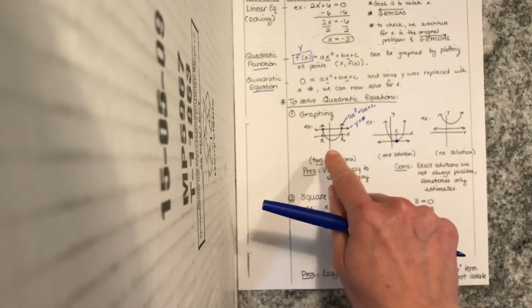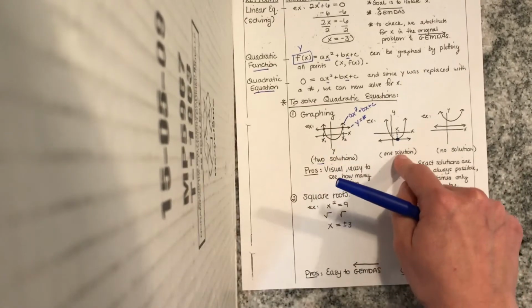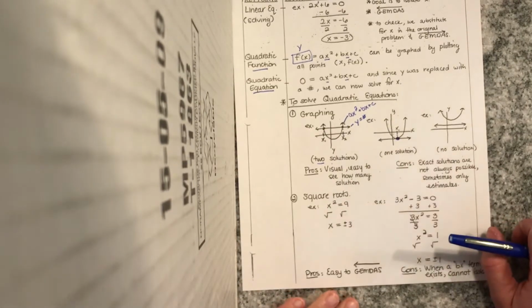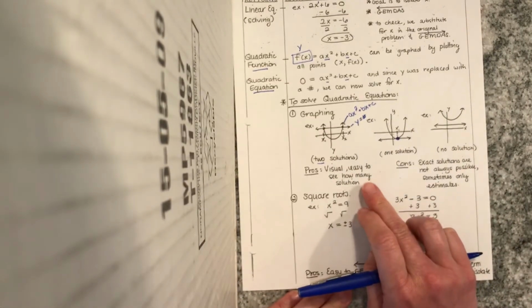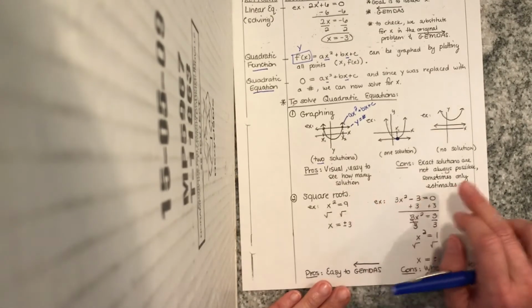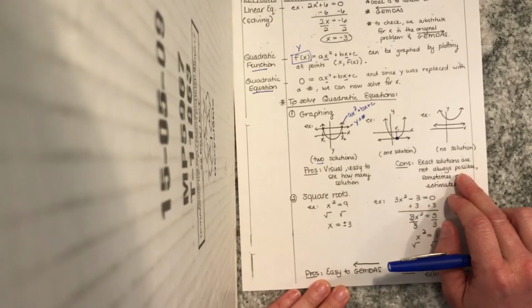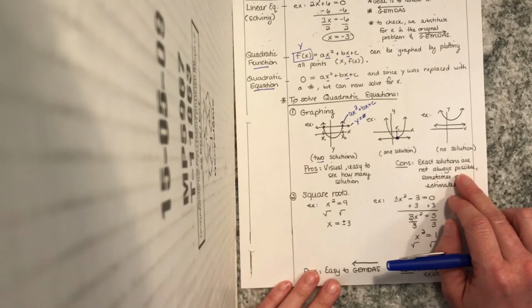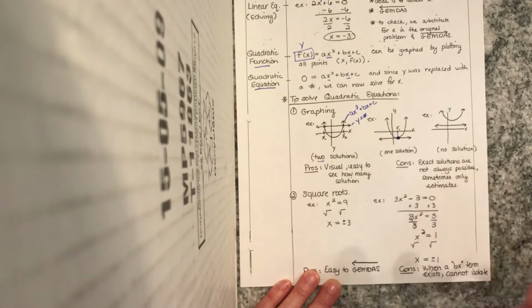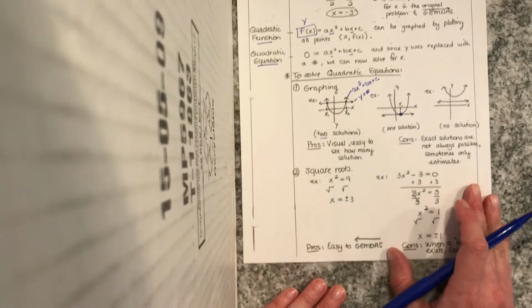So when we are solving quadratics, we're either going to get two answers, one answer, or no answer. One of the things you liked about graphing is that you could actually see your answers. You could physically see where the lines are crossing. However, it was problematic when our answers were decimals or fractions because they were really hard to read. Some other ways that we've solved in the past.